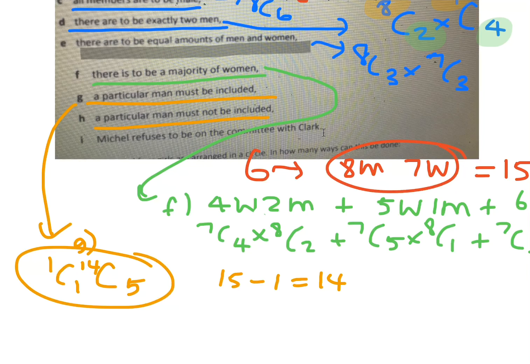A particular male must not be included. If I was doing that, I'd actually just exclude the male.